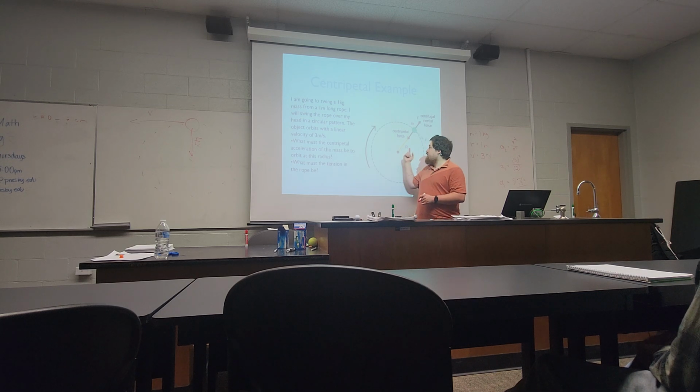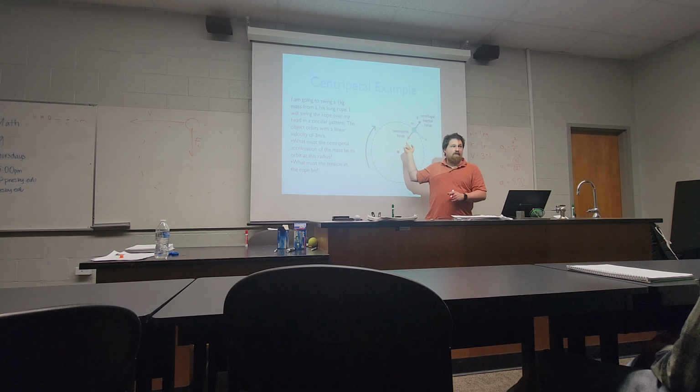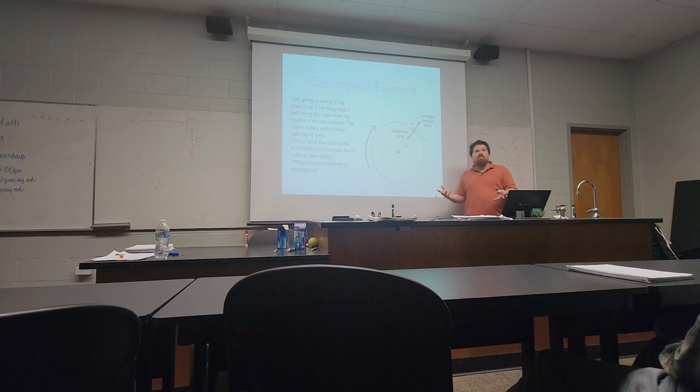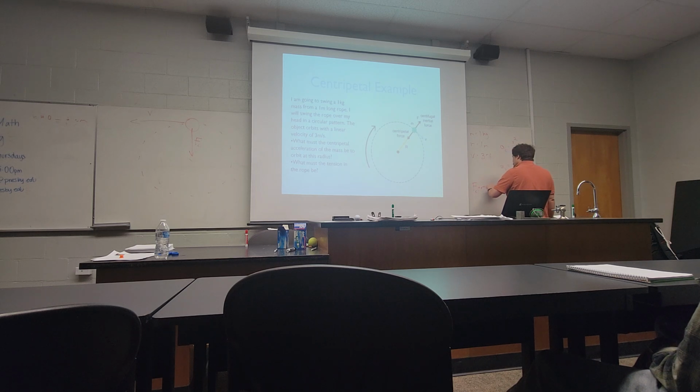In this case, the rope tension is playing that part. And in the case of the moon, it's gravity that plays that part. So you can solve for centripetal force using the formula from the previous slide, Fc equals m times ac. But what is playing this role is just going to depend. We're going to look at different examples and make it clear exactly what type of thing is acting in that part.